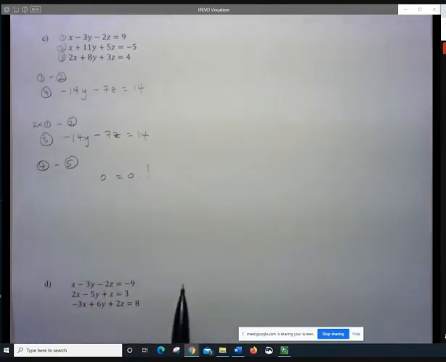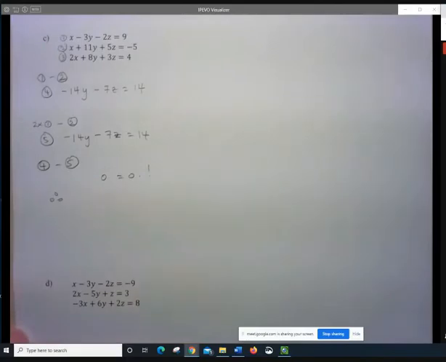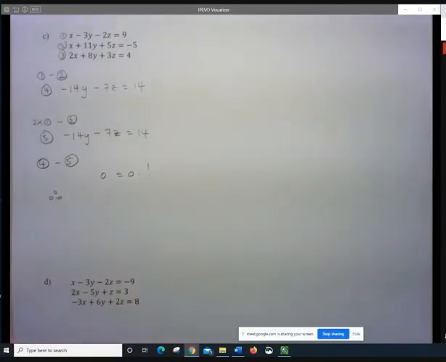So what is the conclusion? I'll get there in a second. The first conclusion is that there must be infinitely many solutions. Again, this would have been like what you did in grade 10 when you ended up with 0 equals 0, or 5 equals 5, or 10 equals 10.